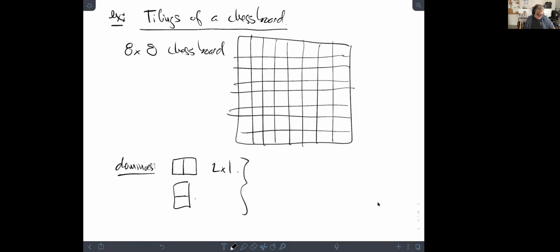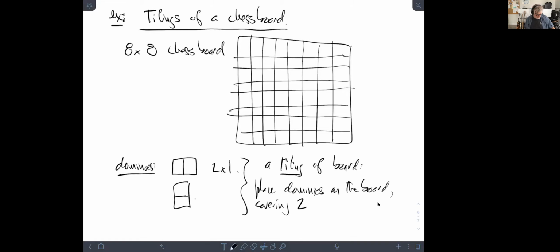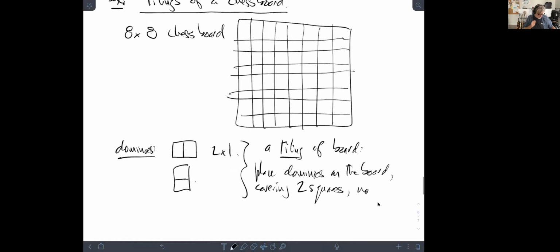Okay, so a tiling of the board. You place the dominoes on the board, covering 2 squares, obviously, with no free squares.